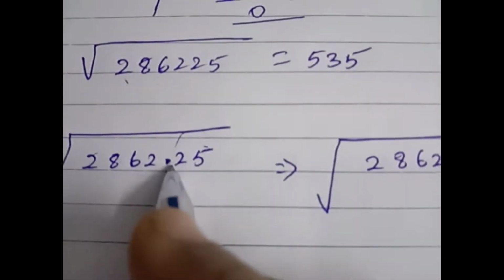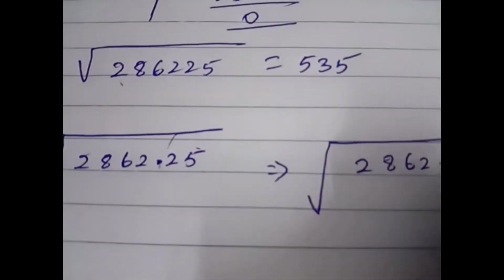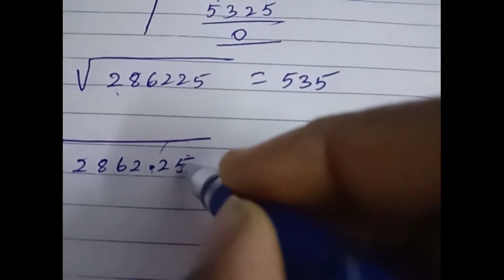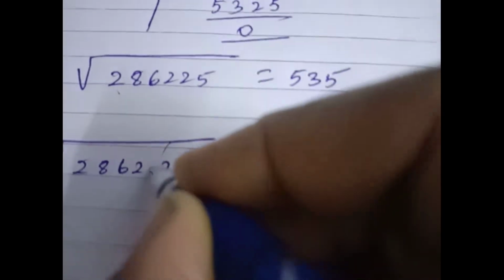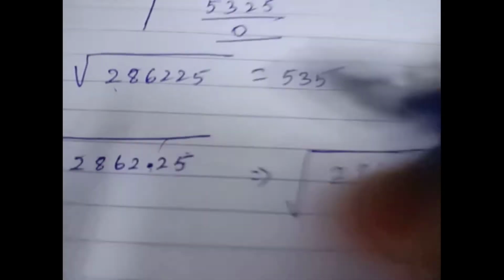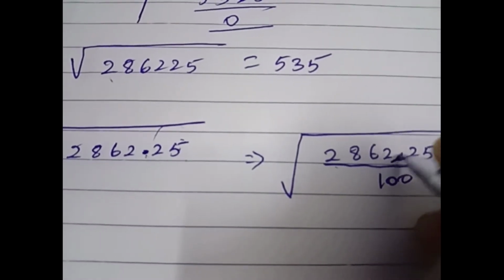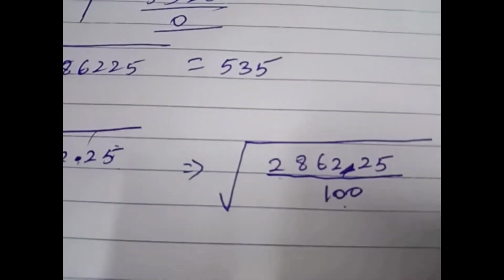So to remove this decimal point, divide by 100. Because before the 2 numbers they have given the decimal point, to remove this point you are dividing it by 100.